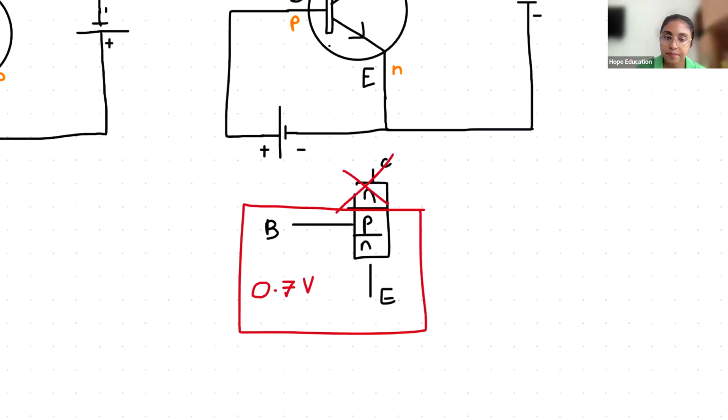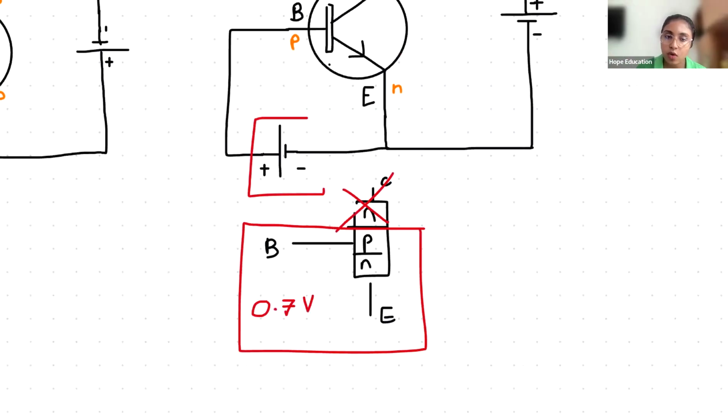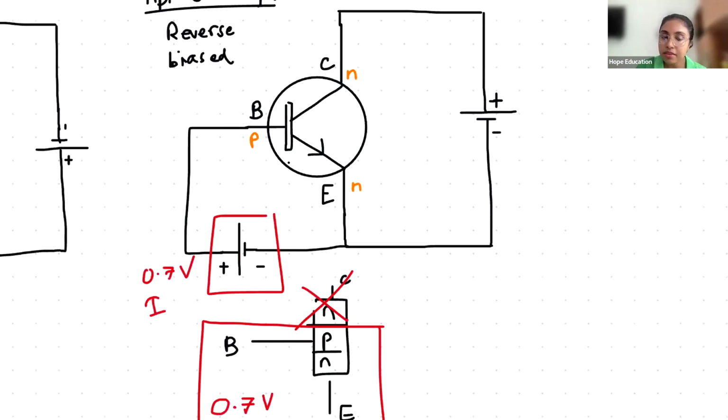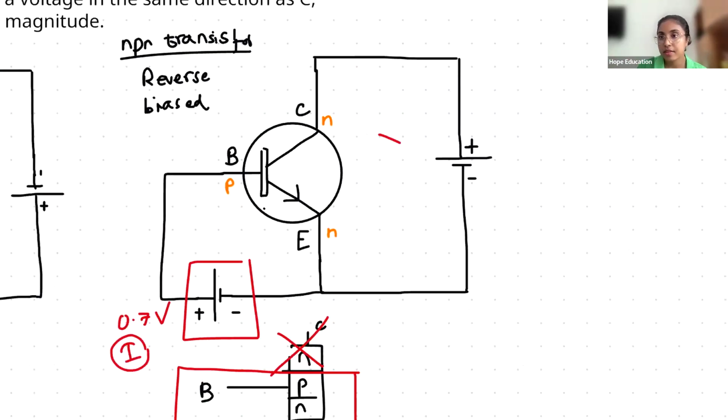If you give this 0.7 volts, that's more than enough. 0.7 volts is a small current. So the current produced here is very small. What a transistor does is that if a tiny current is produced here, that current automatically becomes a big current here. We will talk about that later. We will talk about it more. But if a tiny current is produced here, a large current is produced here. If a larger current is produced, the voltage has to be larger to match that large current.